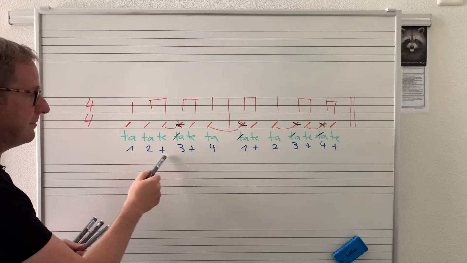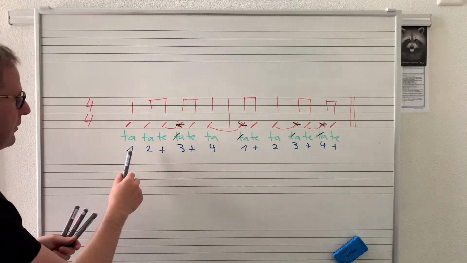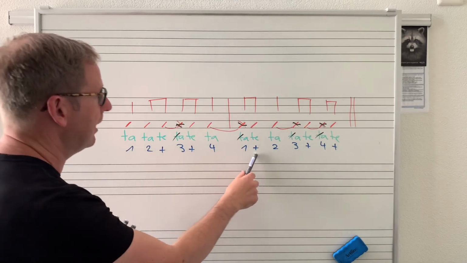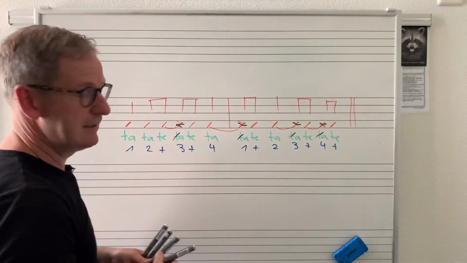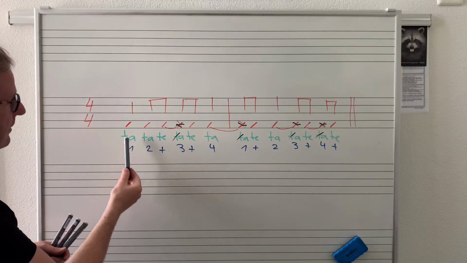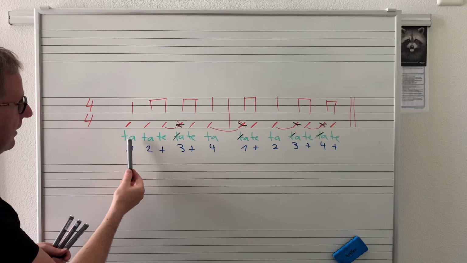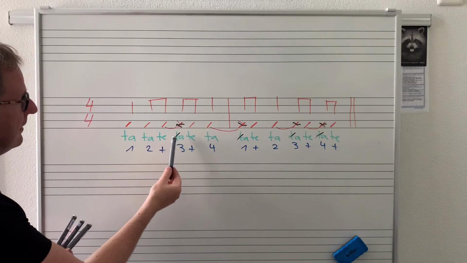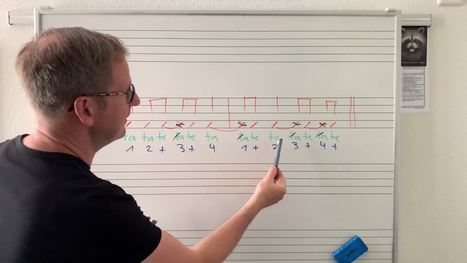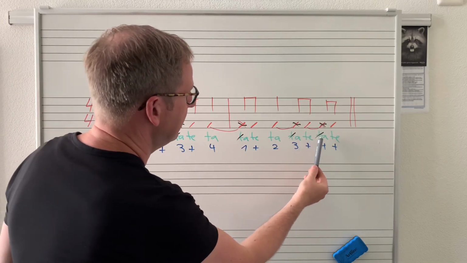And that's not possible with the counting. You cannot count 1, 2, and 4, and 2, and so on. But here it's possible with this language that you can: ta, ta, te, a, te, ta, a, te, ta, a, te, a, te.